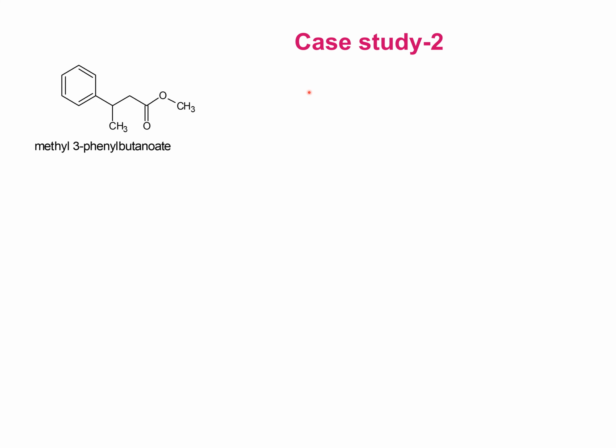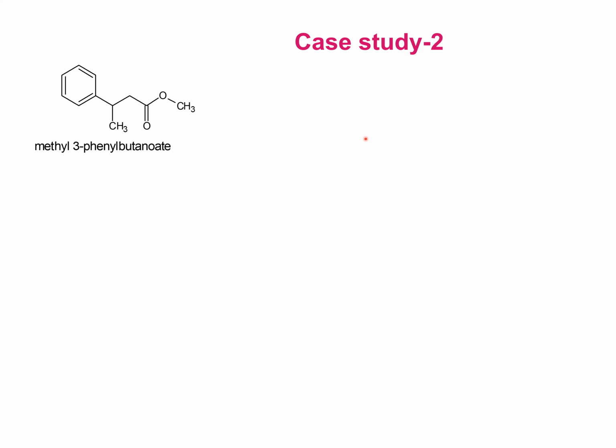Take the mobile phase, a mixture of hexane and ethanol. If both isomers of this molecule are getting separated, fine. Otherwise, replace with isopropyl alcohol. Make the fine tuning for better separation.